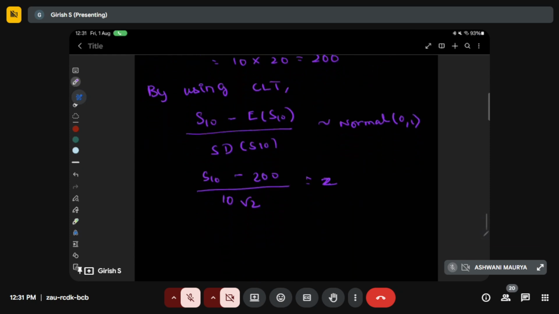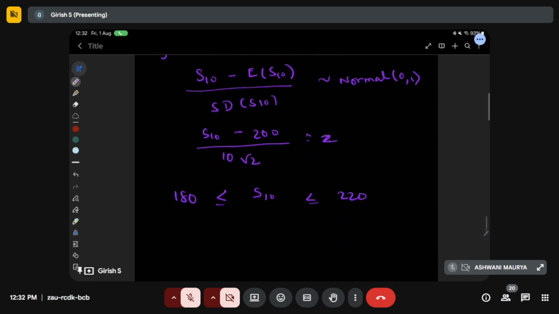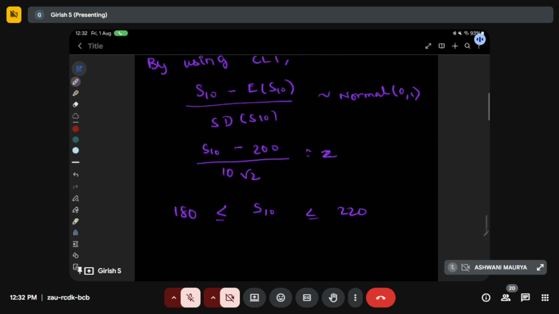Okay. Now in the question they are asking for the probability that the total number of orders received in the 10-hour period is between 180 and 220. S10 is basically X1 plus X2 till X10, so S10 is between 180 and 220.